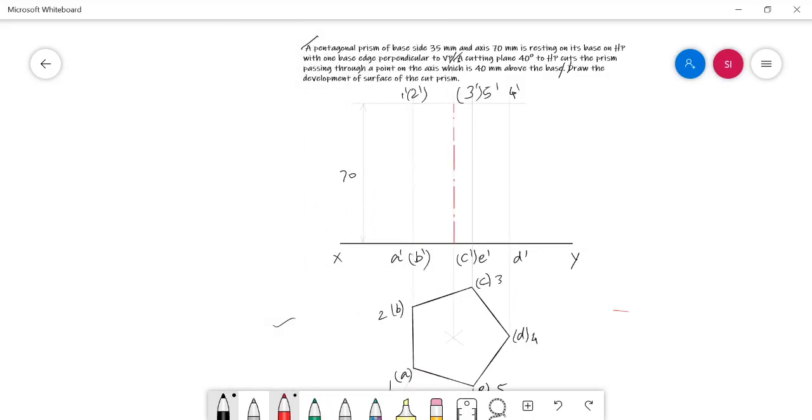Now the projection of the solid is over. Next, we need to cut the solid with the given cutting plane.